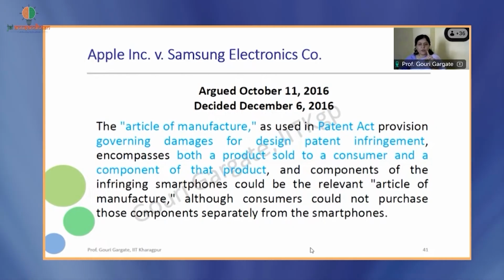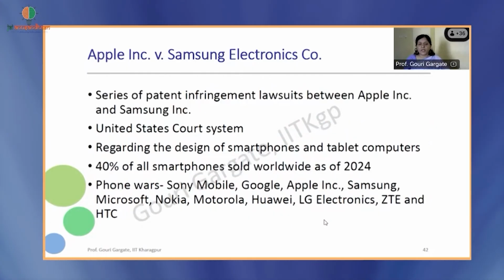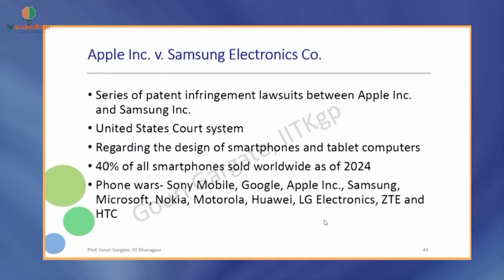But we have to take into consideration each and every aspect of that article and the features when we are talking about industrial design registration. Because their fight was related to the internals, those components, and those internal components are independently sellable. So as per the definition, article comes into the picture.